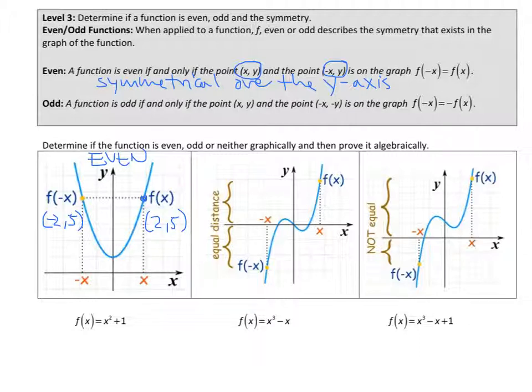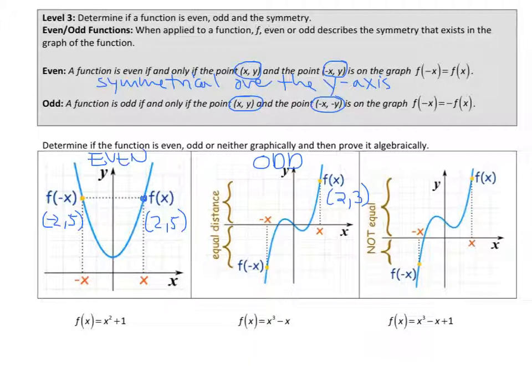Now an odd function, if you have any point x, y on the graph, then the point negative x, negative y must also be on the graph. If we look at this middle graph down here, which is an odd function, again we're estimating, but let's say this is the point 2, 3.